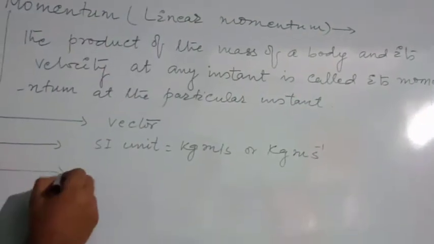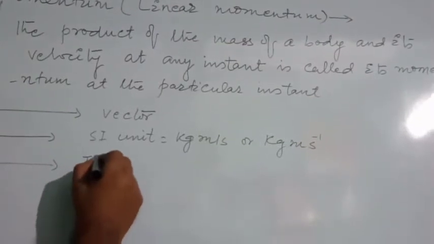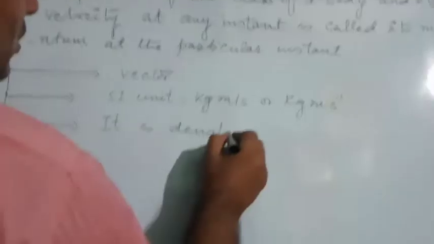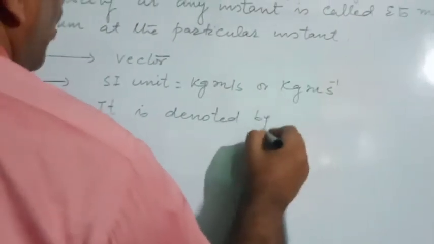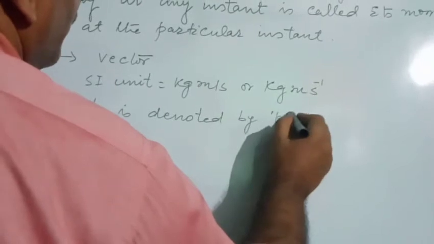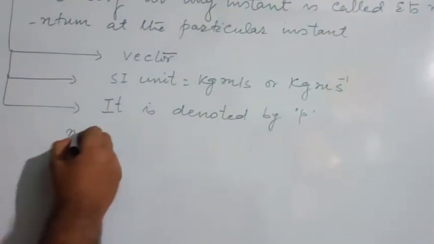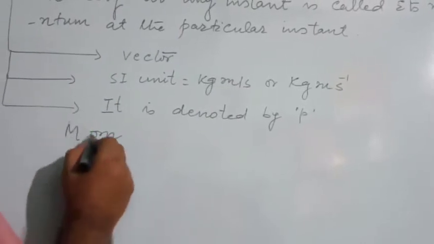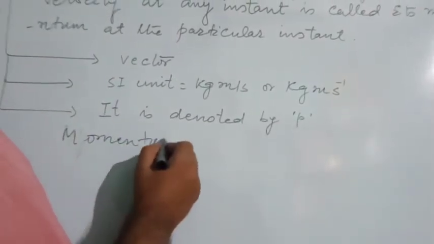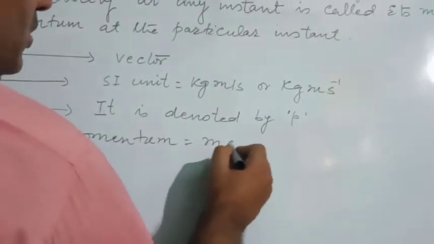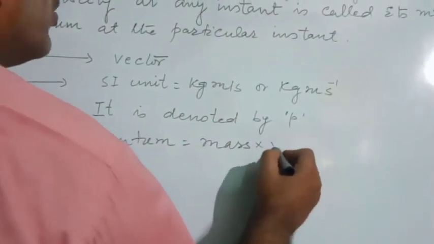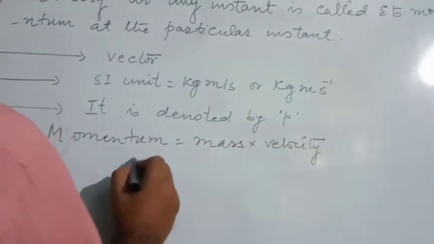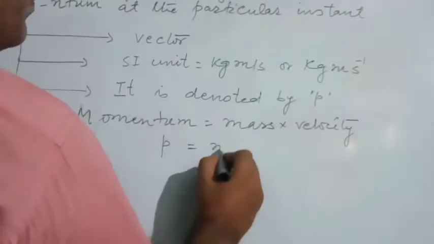It is denoted by P, a small p. Momentum equals mass into velocity. P equals mv.